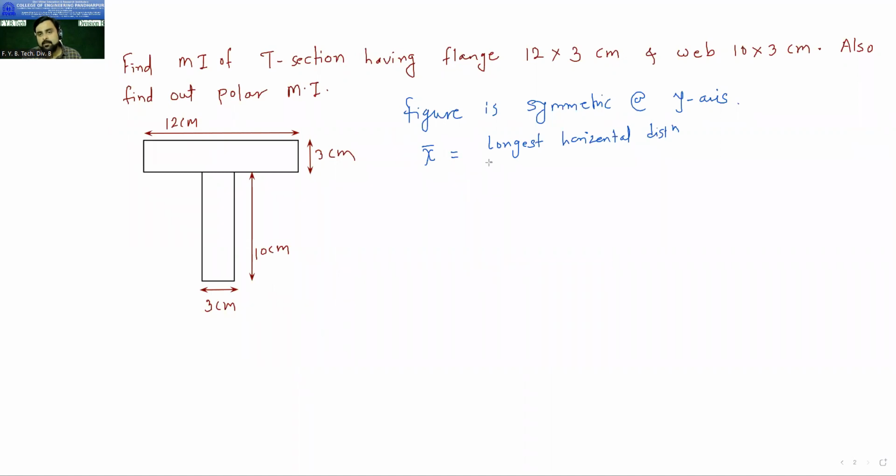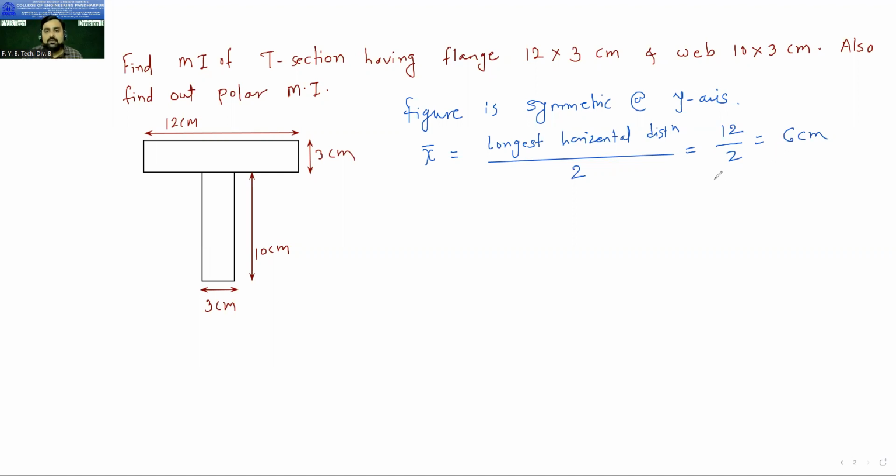Here the horizontal distances are 3 centimeter and 12 centimeter. So the longest is 12, and 12 by 2 is equal to 6 centimeter. So now we have got the value of x bar. X bar is 6 centimeter.